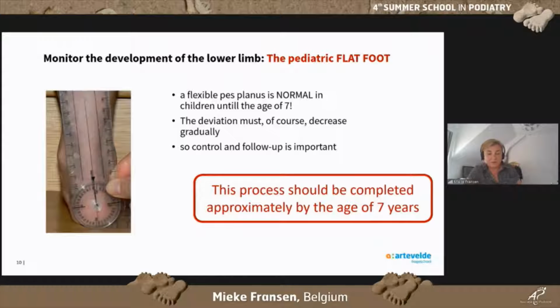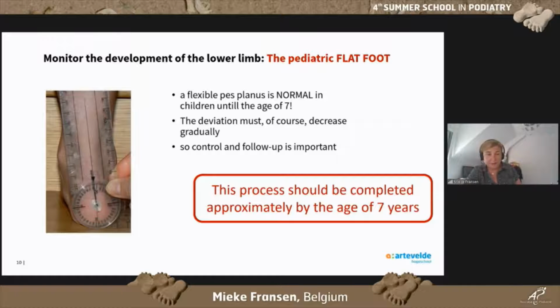As a flexible flat foot is normal in children, of course, it needs to decrease gradually with age, and this process should be completed around the age of 7. So a flexible flat foot is normal, unless it's of course a big deviation.